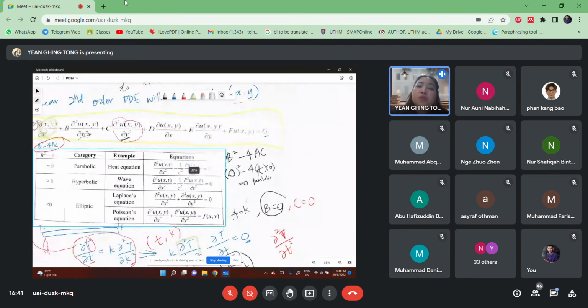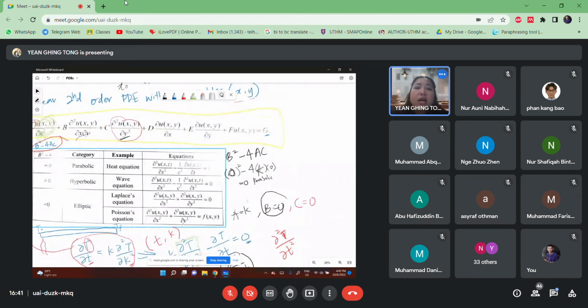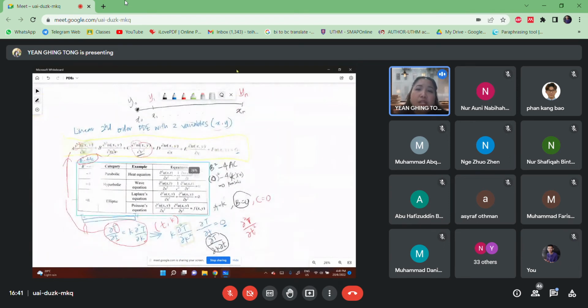Okay, so now I go to the wave equations. I go to the wave equation. Sekejap saya padamkan yang ni dulu. If let's say you go to the wave equations, I want to show this one. Okay, ini wave equation. Kalau tengok, okay, saya tengok balik yang another equation here. This one, the equation here, it said this is a heat equation.